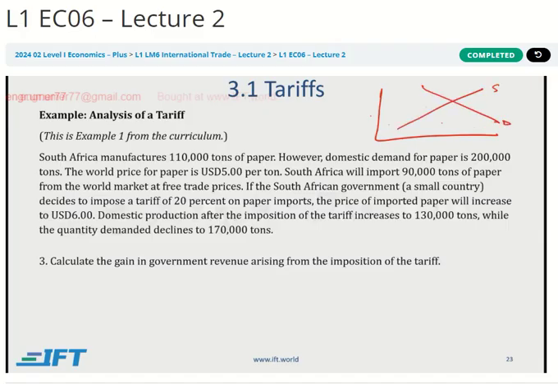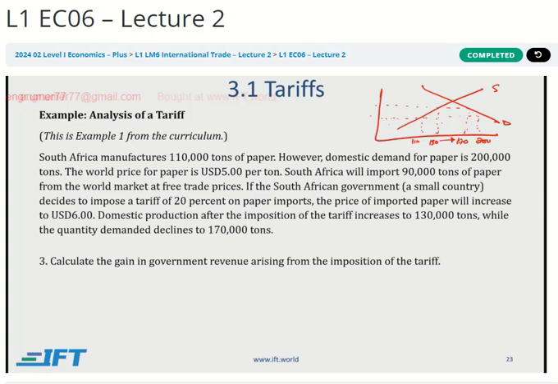Demand, supply, old and new, right? Old and new. So it will be going from 110 to 130, the local supply, total demand coming down from 200 to 170.